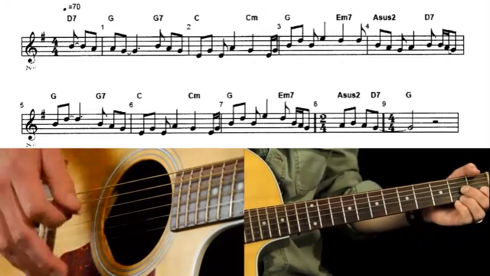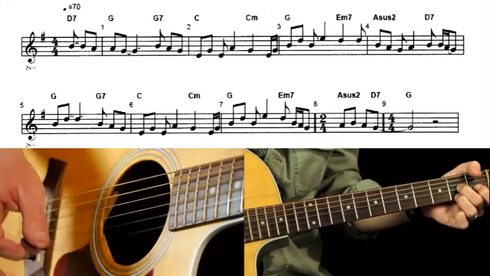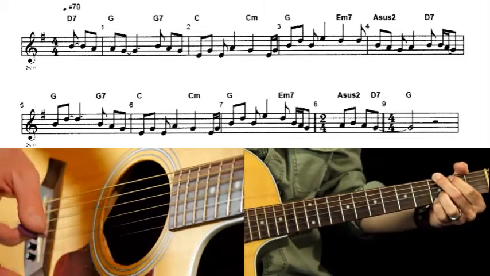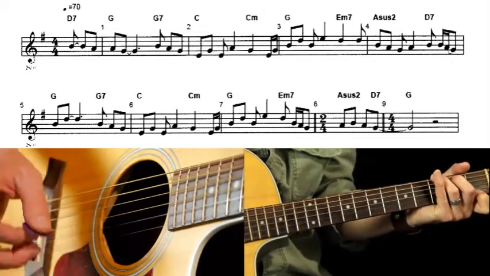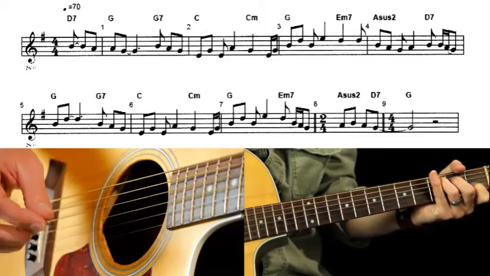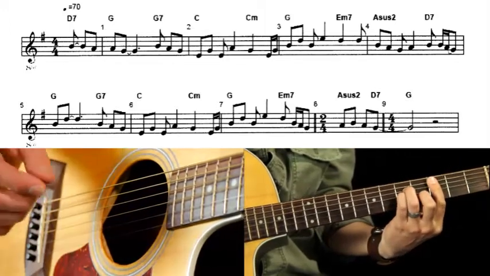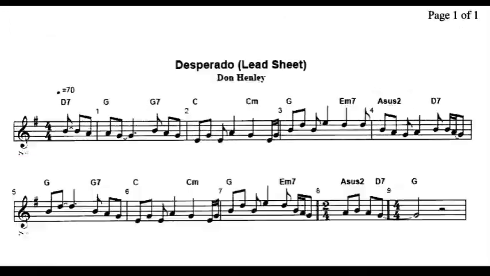It's 1, 2, 3, 4, 1, 2, 3, 4, C minor. Okay, so up to there. In the second bar, we have our G and our G7. Typically, when there are two chords in a bar, you just divide it up equally among the beats.